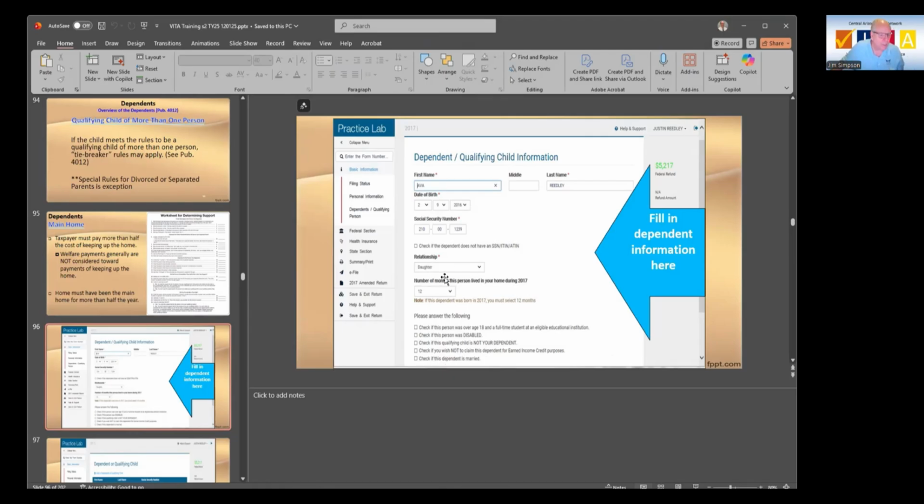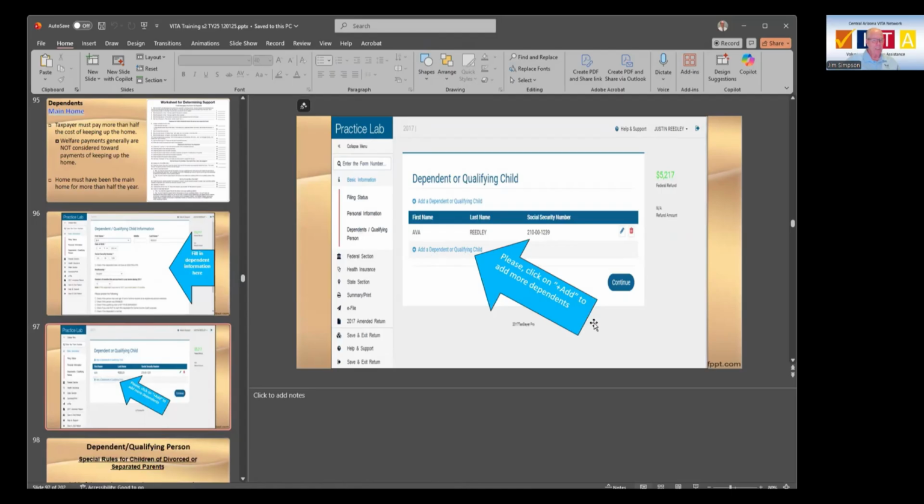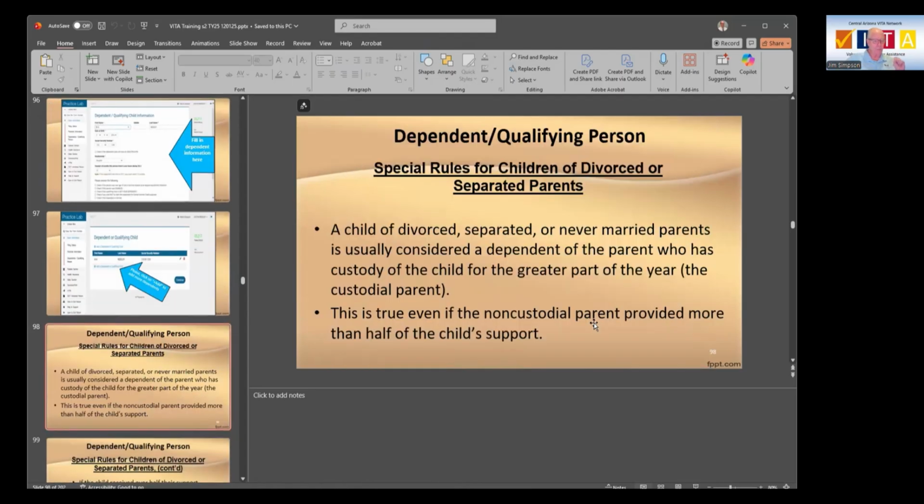And here you define the relationship. You say how many months they lived with you, and here's a common checkbox: check if this person was over age 18 and a full-time student at an eligible education institution, right? So if you're claiming a kid that's over 18, you want to check that box, right? I will go over these things when we go into TaxSlayer too.